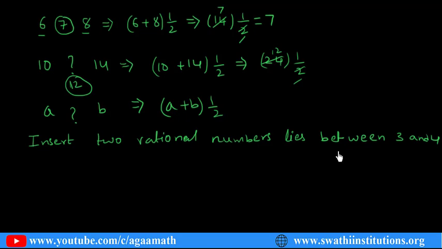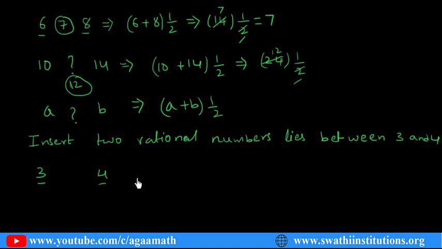As we learned here, let us take 3 and 4. Now we have to insert two rational numbers in between these two. So first of all I consider these two.